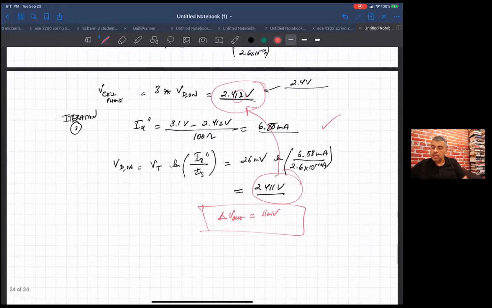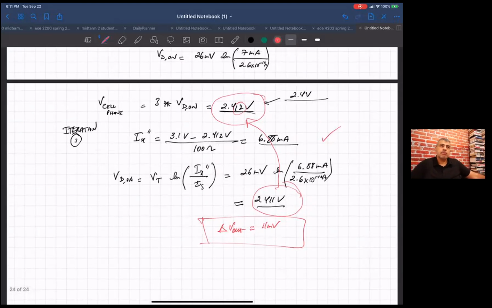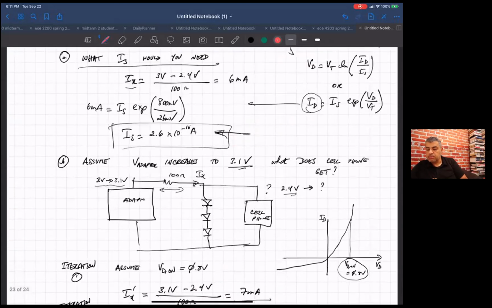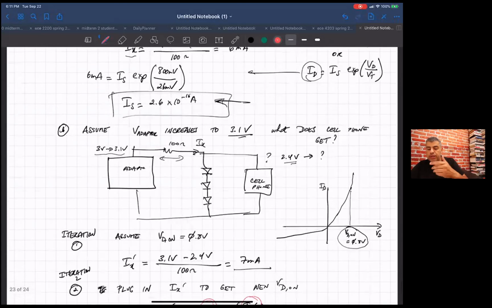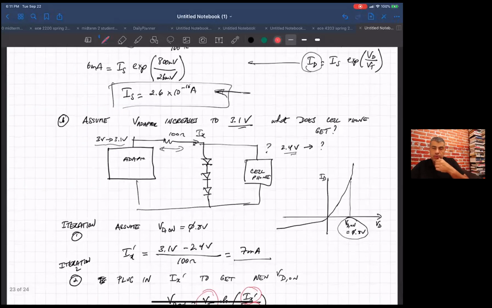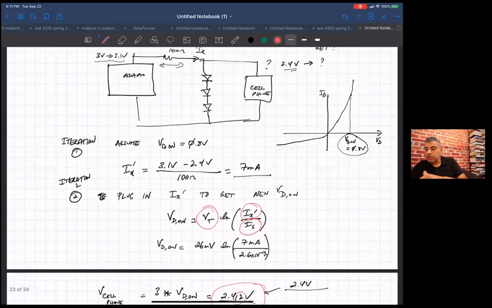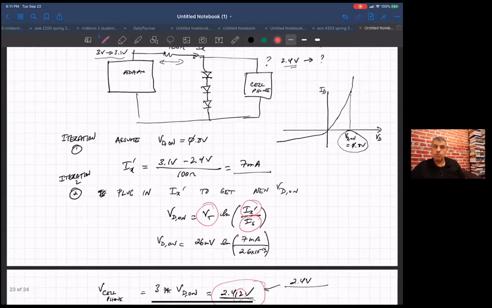This is what you'd normally have to do, the before picture of using this small signal model. You'd calculate a starting point, which is this 2.4 volts. For 2.4 volts, we had a current of 6 milliamps. That's our starting point.